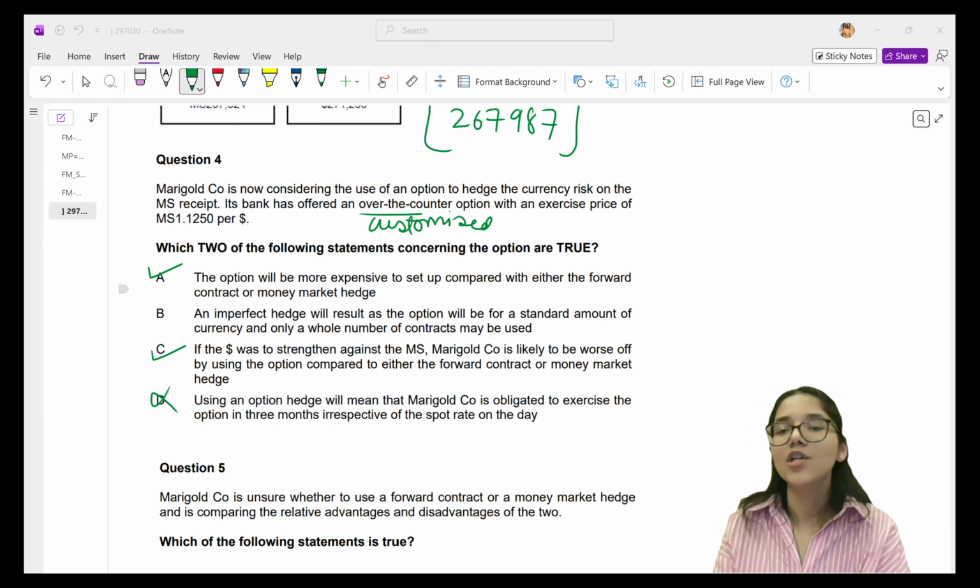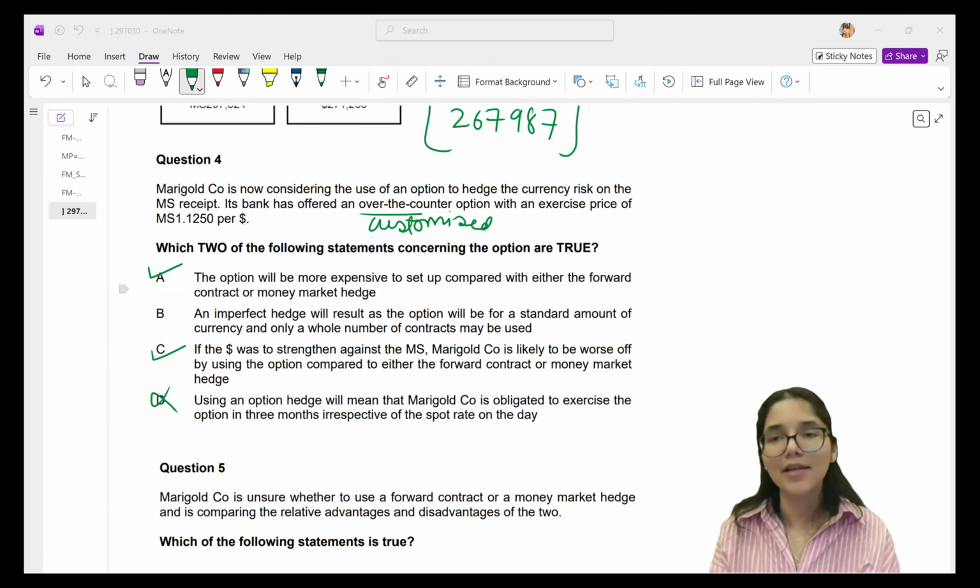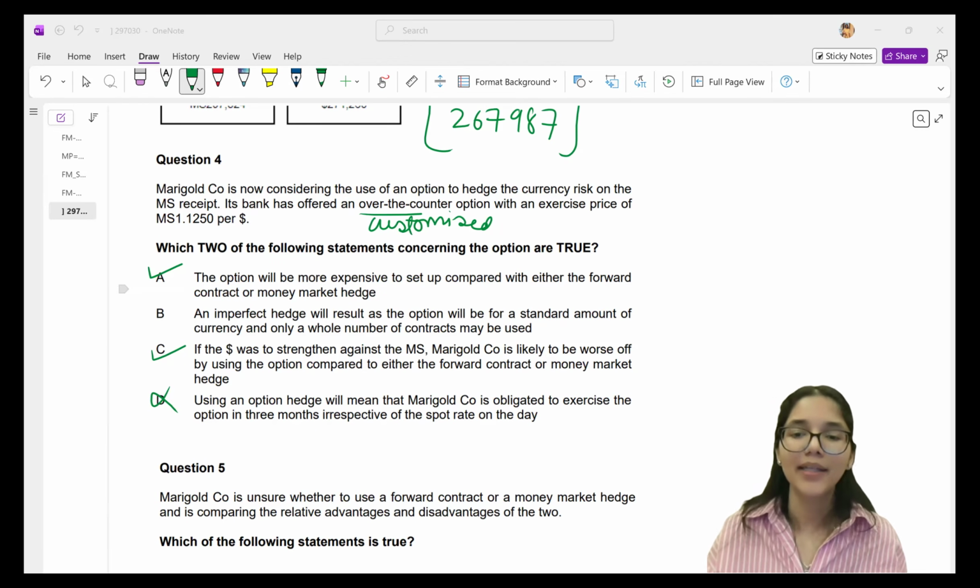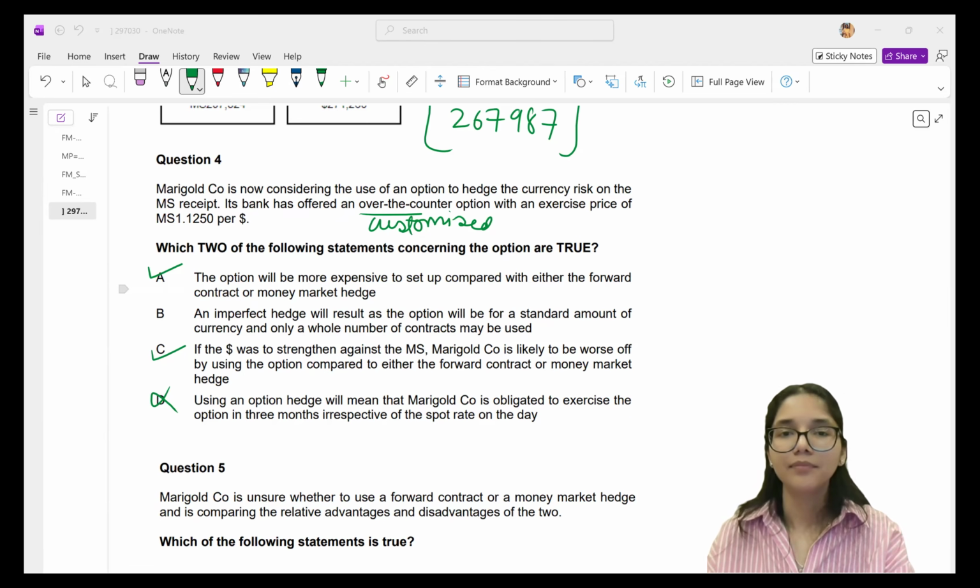In a money market hedge, I don't have to pay any premium. Options will come more expensive. First of all, I will lose out money because the dollar got stronger. Secondly, I would have paid premium also for that. So both ways I'm spending extra money or receiving less money. That is why options become more expensive.